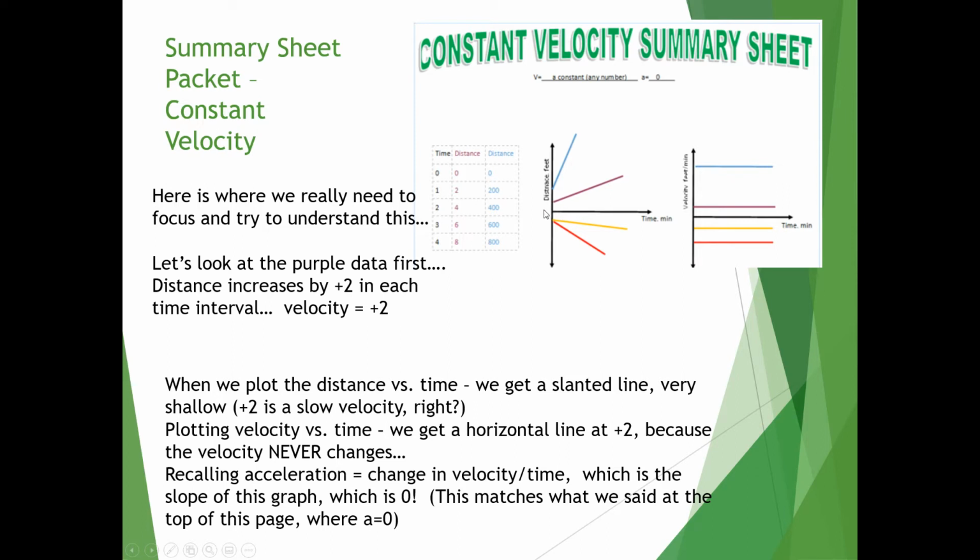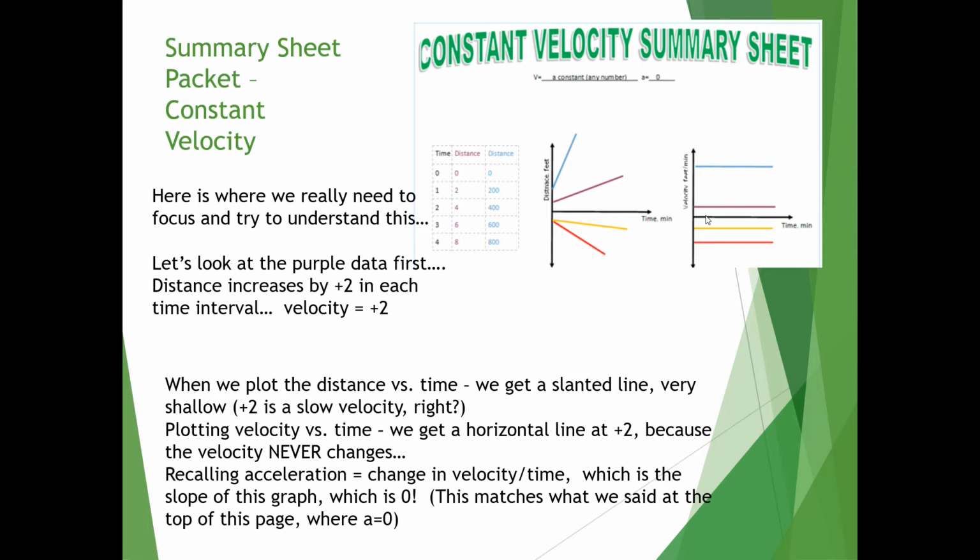But when we plot this distance versus time, we're going to get a sloped line. It's very shallow because +2 is kind of a slow velocity. But when we plot the velocity, it's going to be +2, and it's always going to be +2. And that's going to be a fairly low line down here, pretty close to the axis.